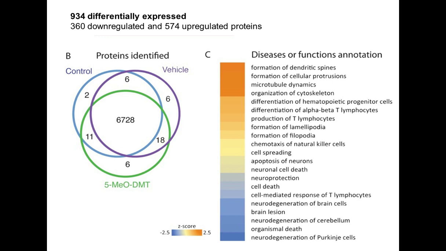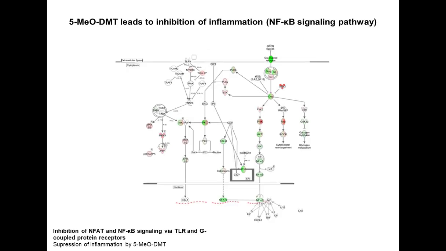With this information in hand, and with the collaboration from our colleagues, we decided to see, using some algorithms and software, what would be the pathways changed within the cells when exposed to DMT.